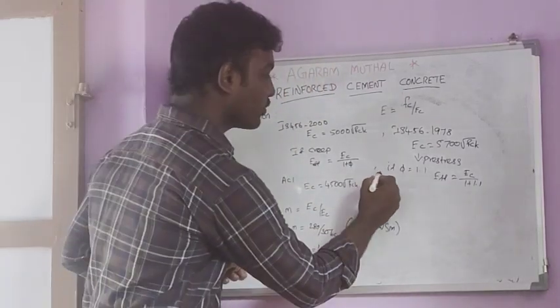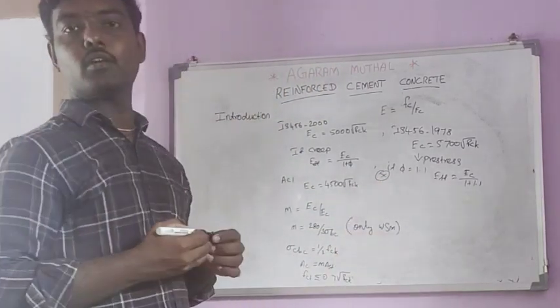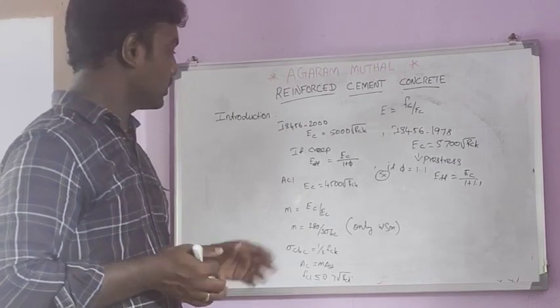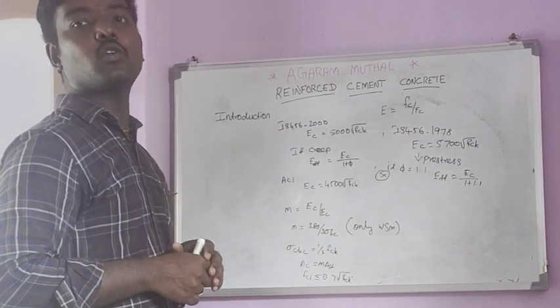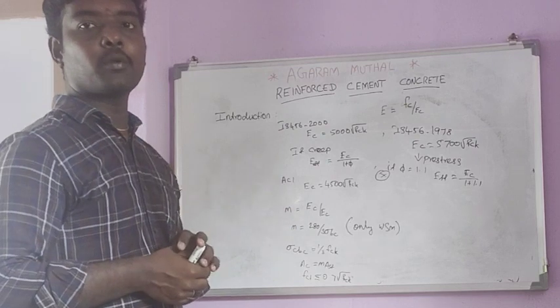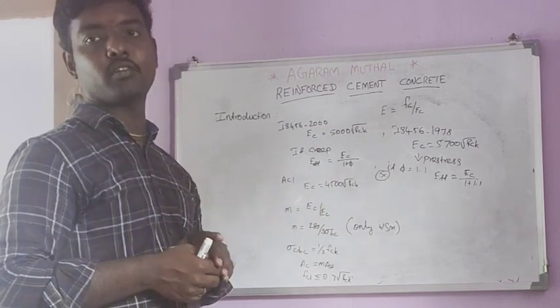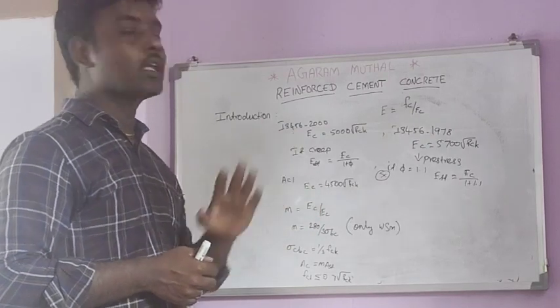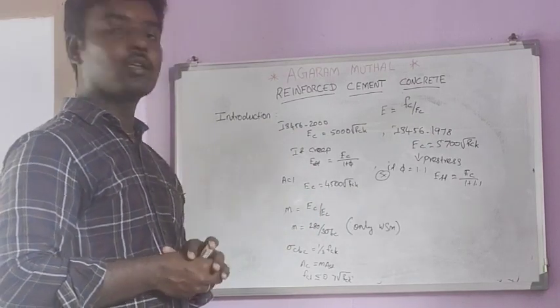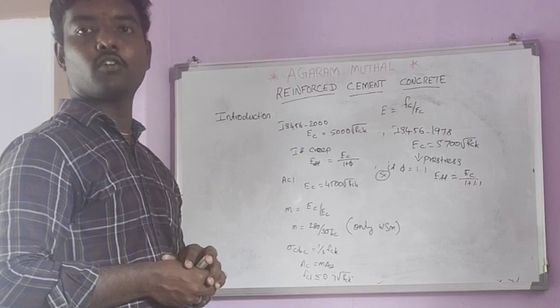You might get this in your competitive exam question papers. And as per the American Concrete Institute, the Young's modulus of concrete becomes 4700 root of fck, which is 300 lesser than the Ec value in IS 456.